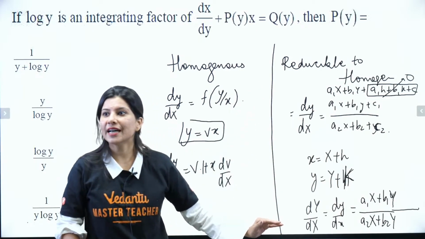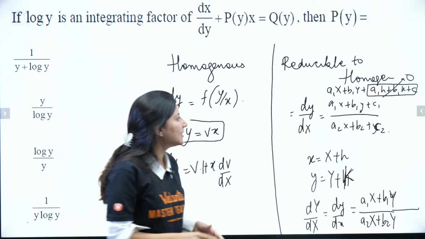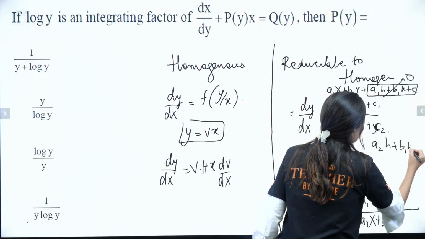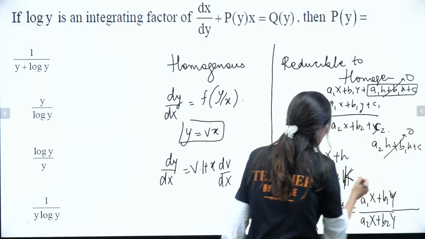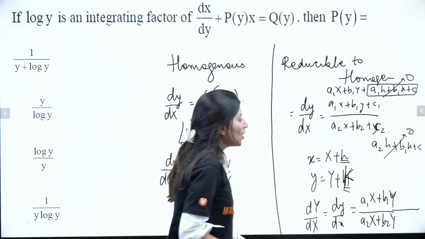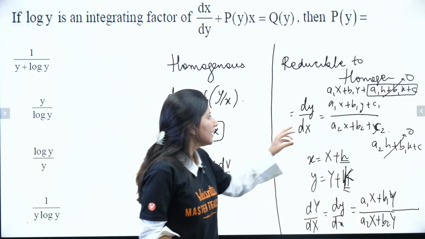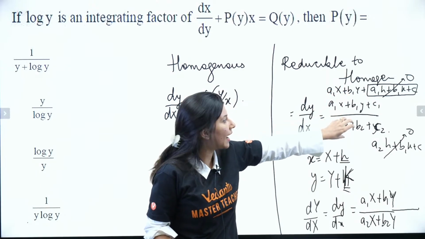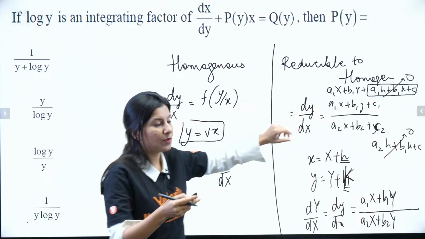That's what the whole agenda is. We get rid of the constant and same goes with this. a2h plus b2k plus c2 should be equal to 0. So this is h and this is k. So the whole idea is that if you put h comma k in the numerator straight line and in the denominator straight line, both should be equal to 0.